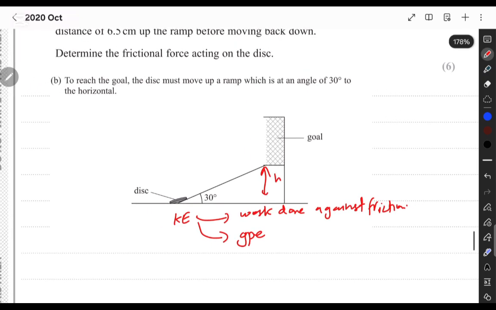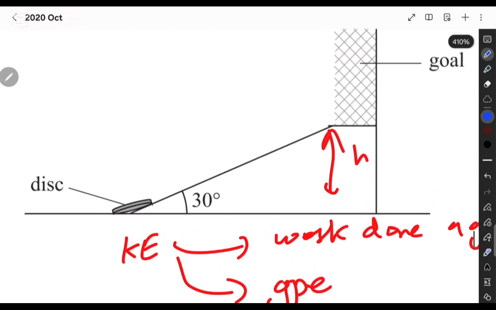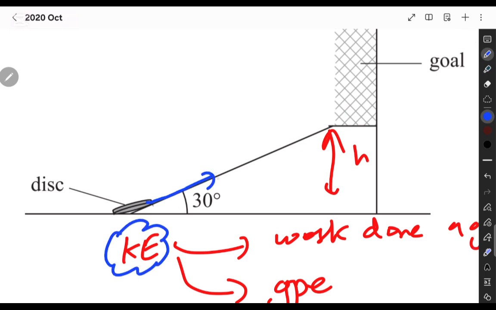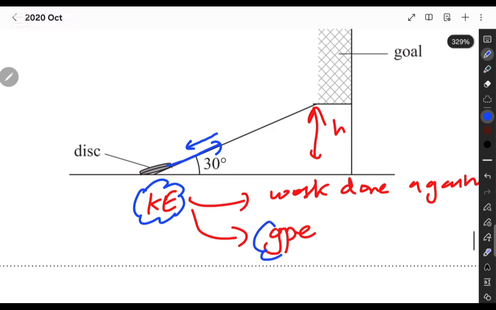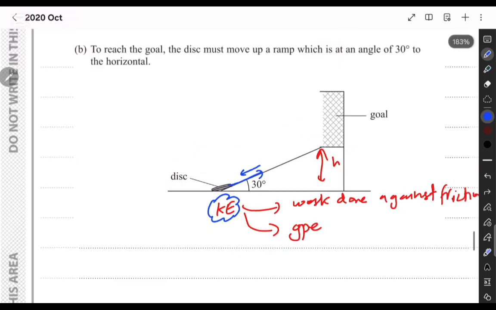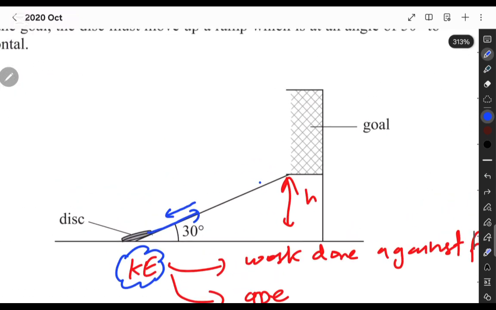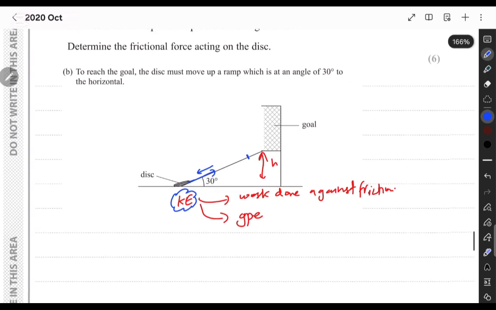As the disk moves up, it gives its kinetic energy to do work against the frictional force that's trying to move it down, and it will also change its kinetic energy into gravitational potential energy. It will travel a certain distance until all of this kinetic energy has been converted in different proportions to GPE and work done against friction.